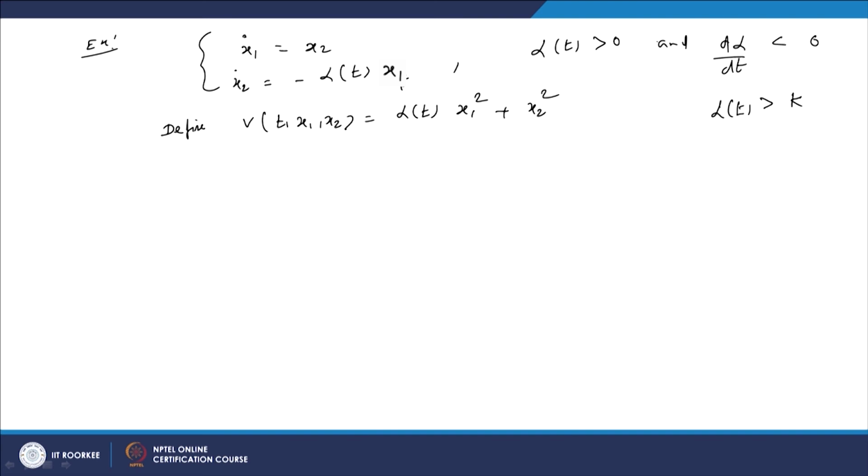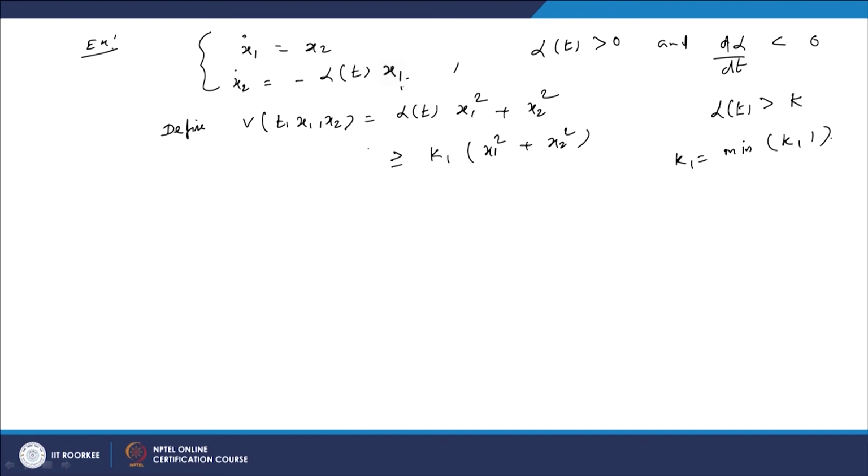Therefore, we can find the function greater than or equal to this one. If you take the minimum of k and 1, let us call it some other number k1, then it is greater than or equal to k1 times x1 square plus x2 square. So, we are able to find a surface like this.